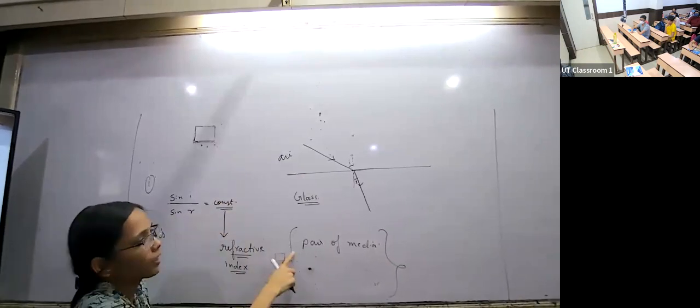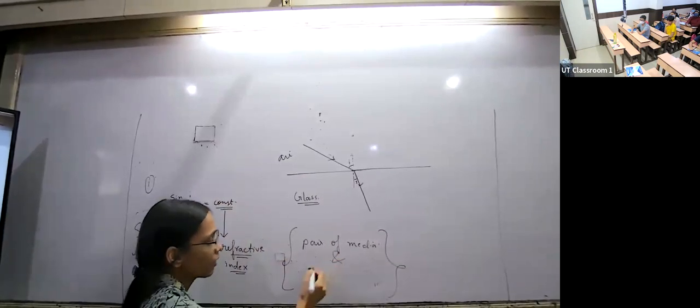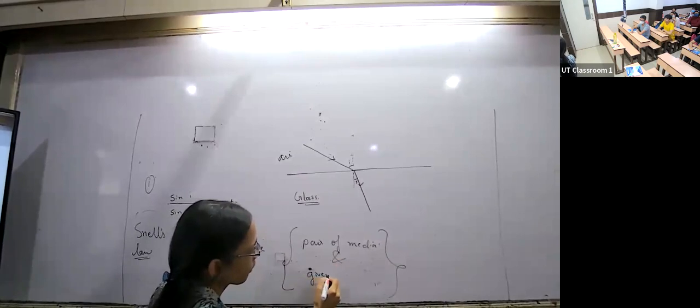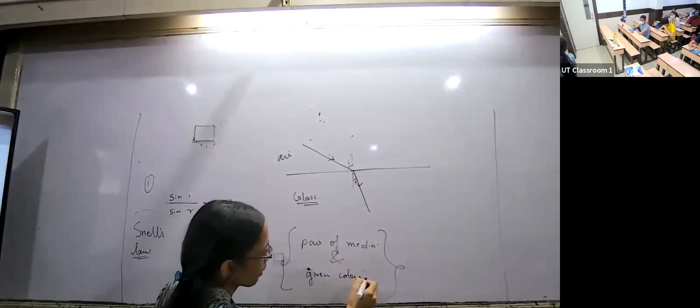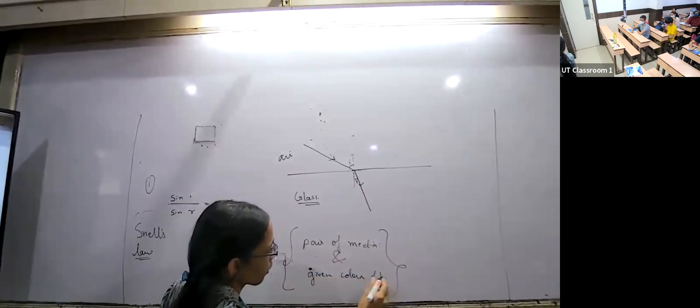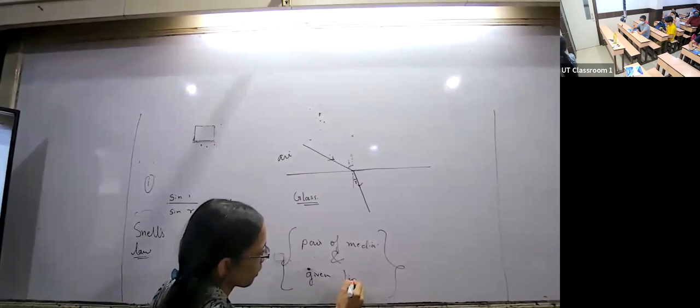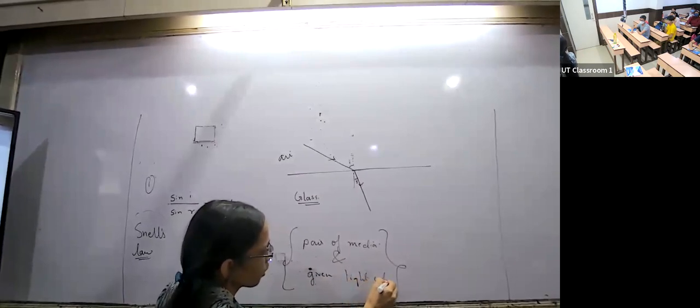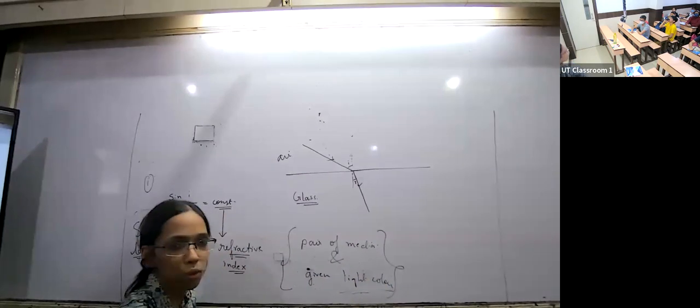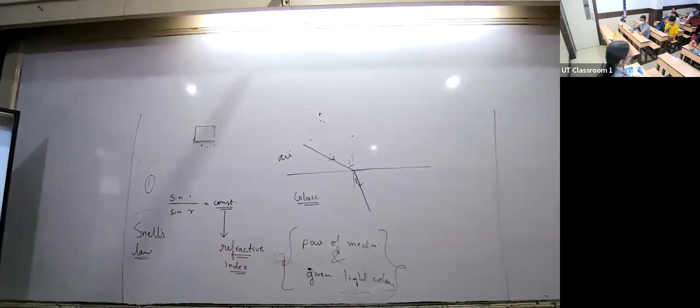So for a given pair of media and for a given light color. You all know our normal light is made up of how many colors? 7 colors.